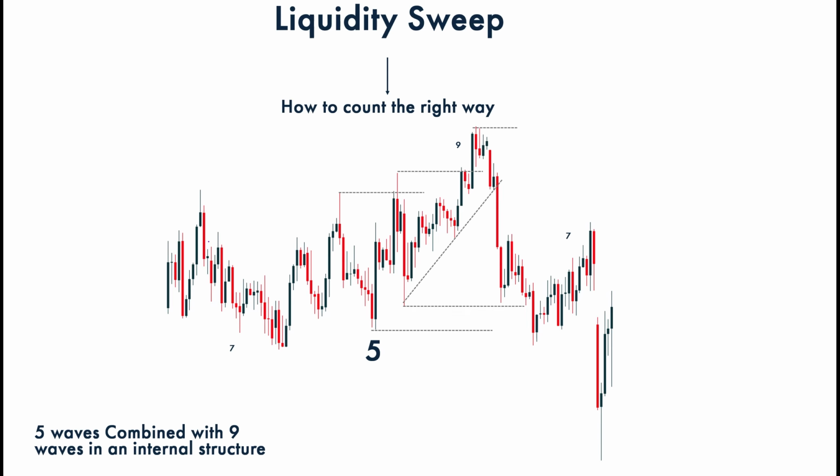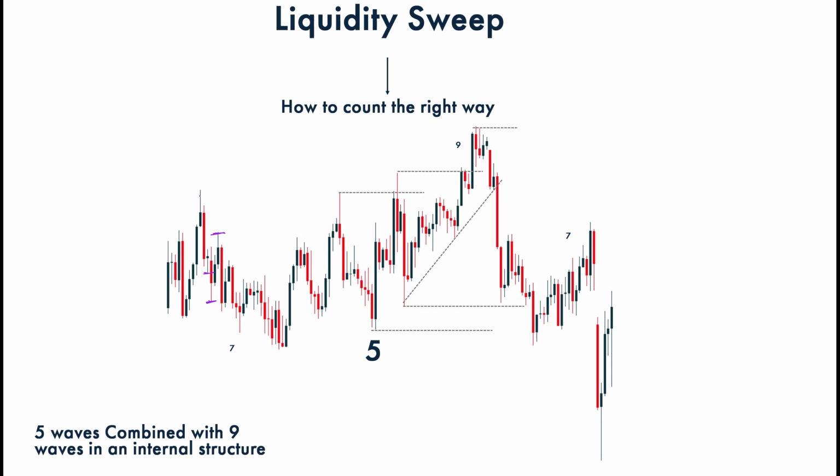We have this low here, but then if you look closely, price broke this high here, making this a low. So that means right now, what I mean is that it made this low, and then we have this high, and then we have this low.